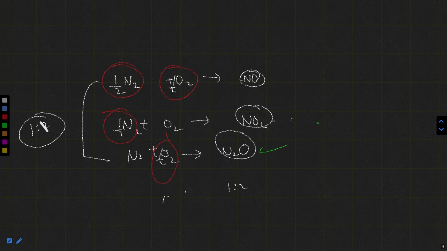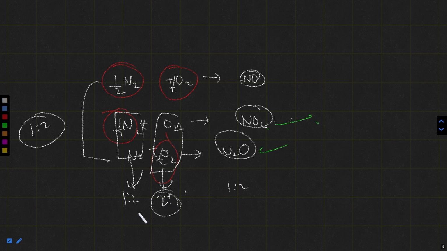Clear? Now if you take the ratio again, that would give us 1 is to 2 for nitrogen and 2 is to 1 for oxygen. It means the ratio will always be small whole numbers. It doesn't matter whether one is fixed or not.